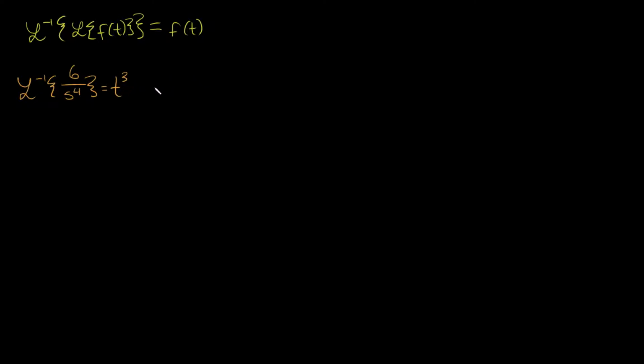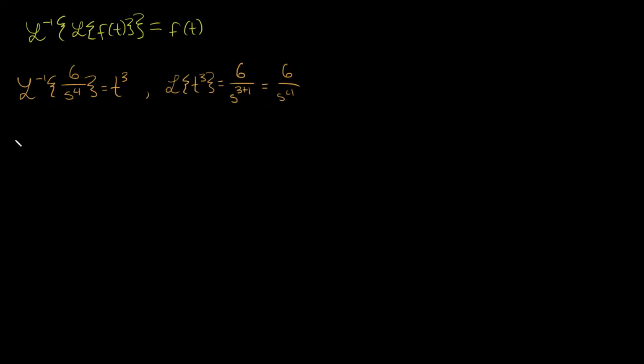And this is actually the solution because the Laplace transform of t cubed equals, again, 3 factorial, so 6 divided by s to the 3 plus 1, which is 6 over s to the fourth. And that's exactly what we have up here, so it works. Alright, so that's the first inverse Laplace transform.